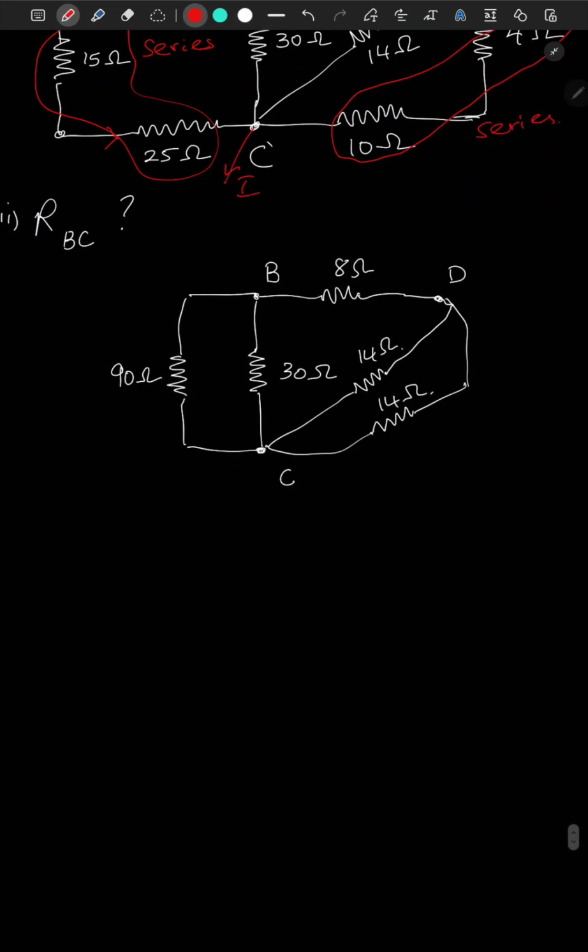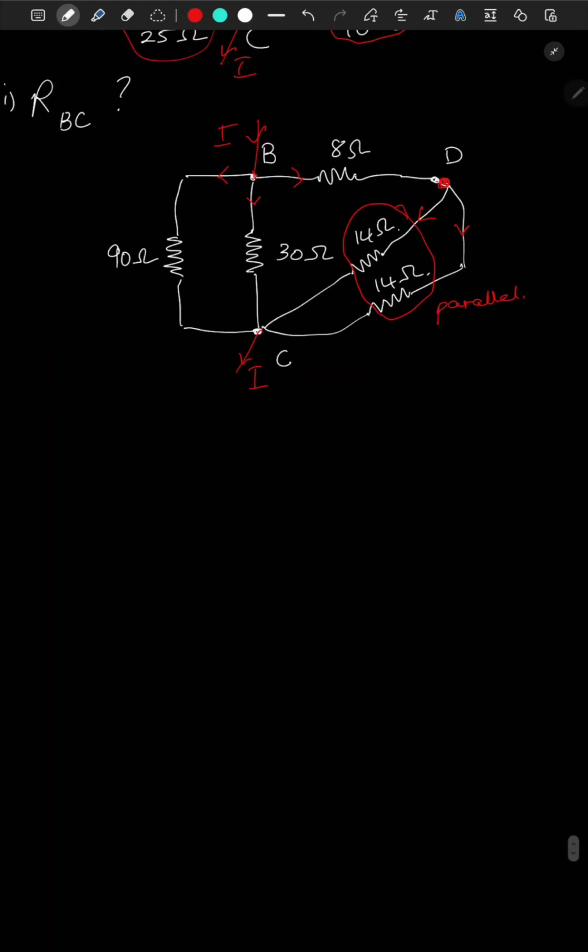Now these two, so let's assume again the current enters here and leaves at C. So it will travel across three different paths. So when it enters node D, it would go in two different branches. Therefore, these two are in parallel. So we can simplify the circuit again. So in parallel, it would be equal to 7.